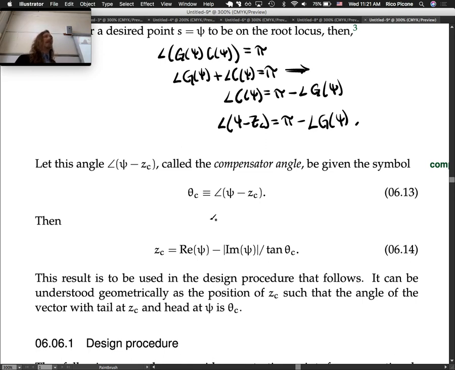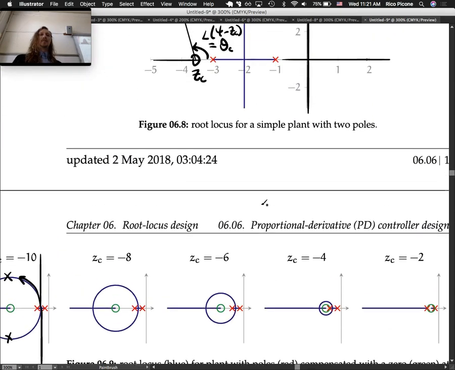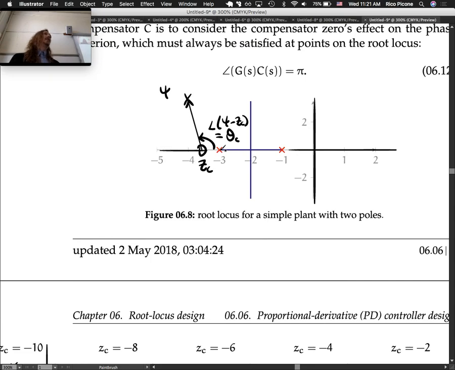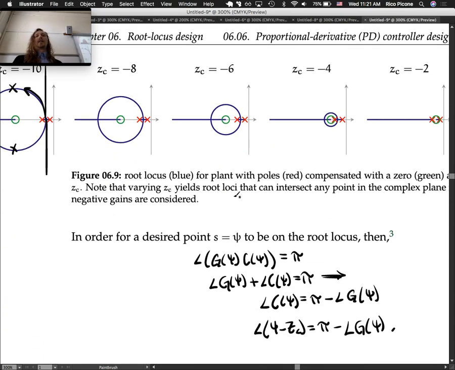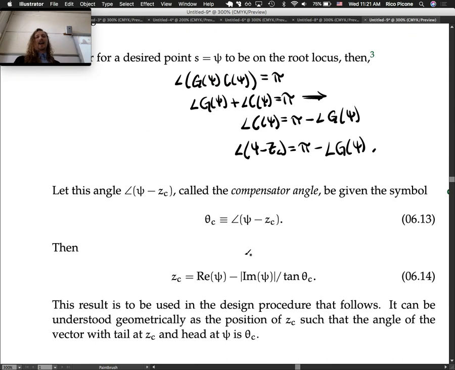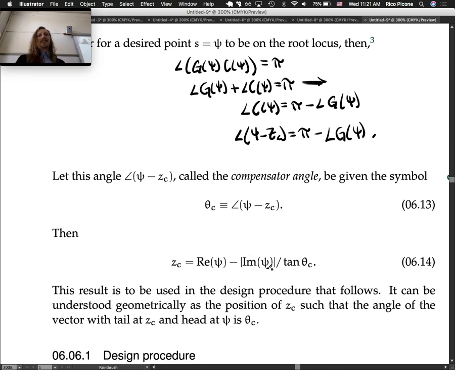So we don't get to choose the compensator angle directly typically. What we're trying to choose is where ZC goes, right? So we have to back out where ZC should be to make this angle theta c. I did the trigonometry for you. It's the real part of psi minus the absolute value of the imaginary part of psi divided by tangent theta c.